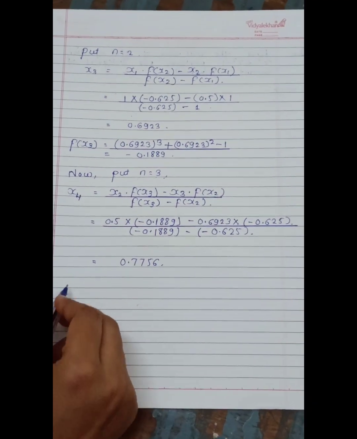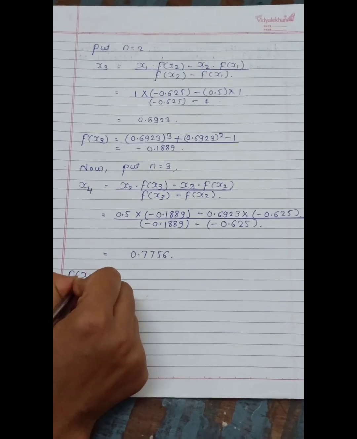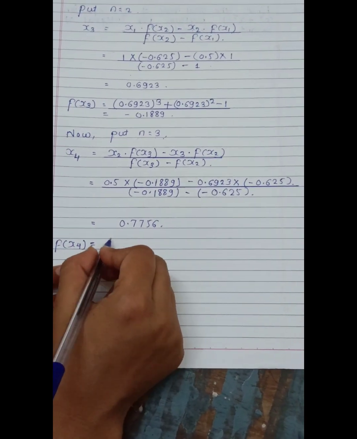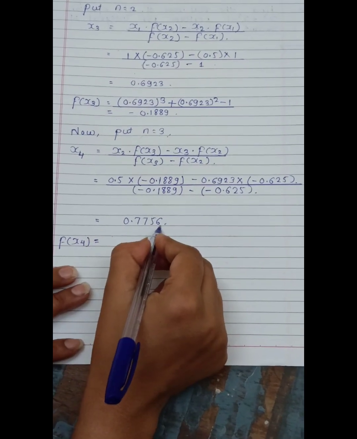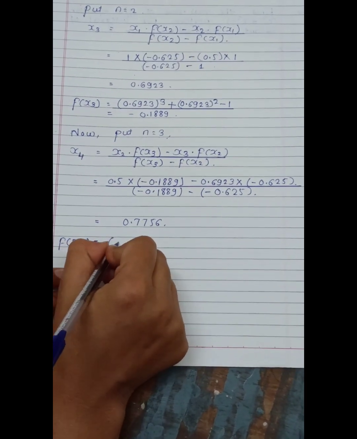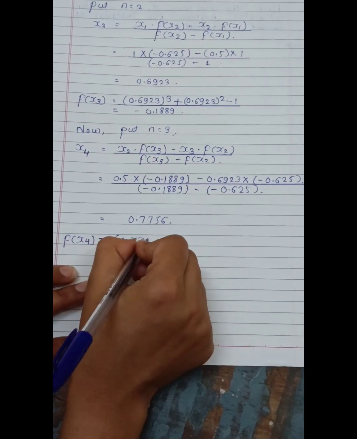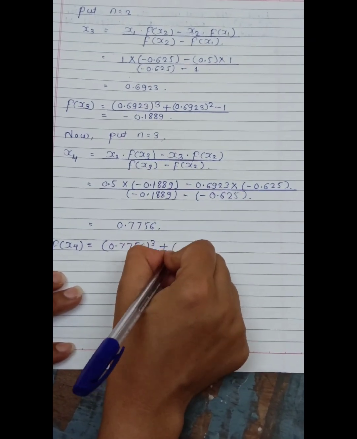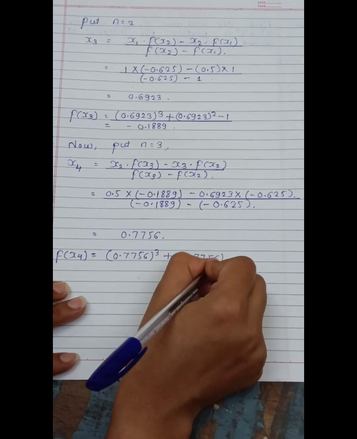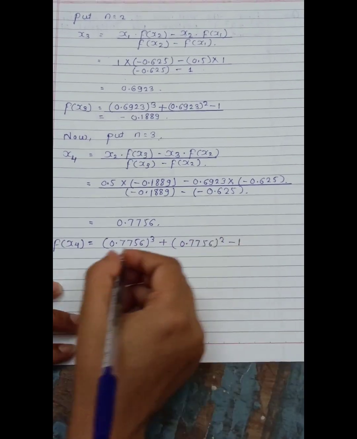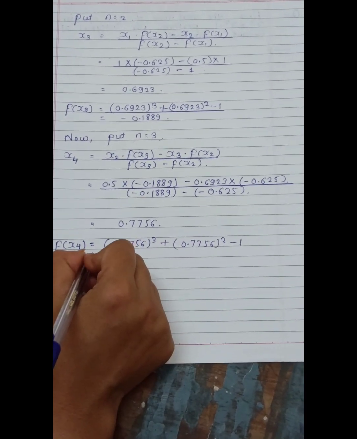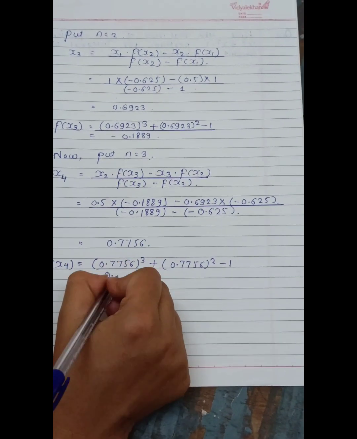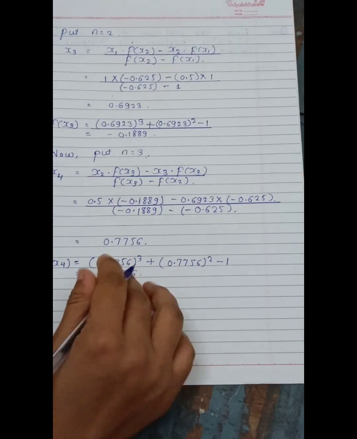We need the value of f of x4. So it equals 0.7756 cube plus 0.7756 square minus 1. Now we calculate this equation and the answer is 0.0686.